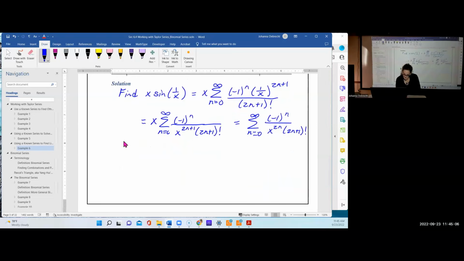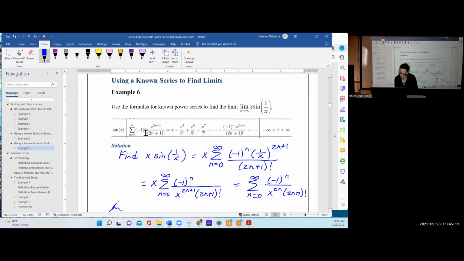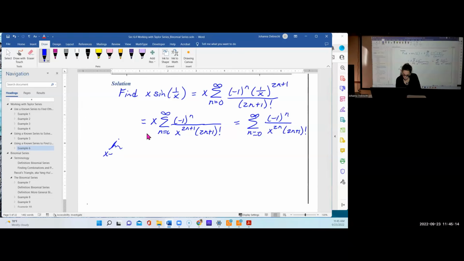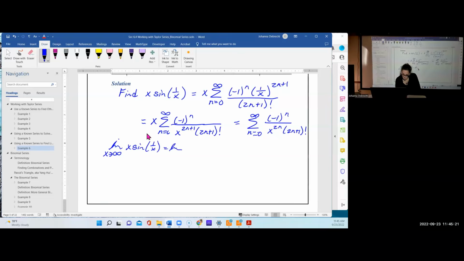What I want to find now is the limit as x goes to infinity of x sine of 1 over x, which becomes the limit as x goes to infinity of the series from n equals 0 to infinity of -1 to the n over x to the 2n power times the quantity 2n plus 1 factorial. Now let's expand it term by term.